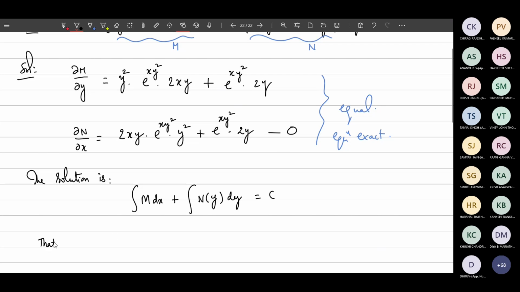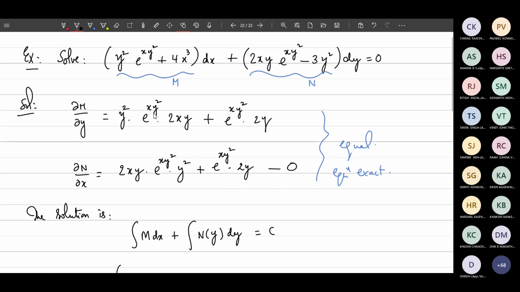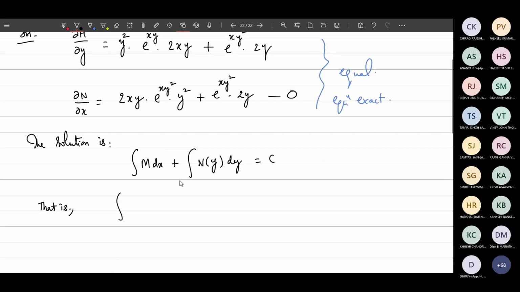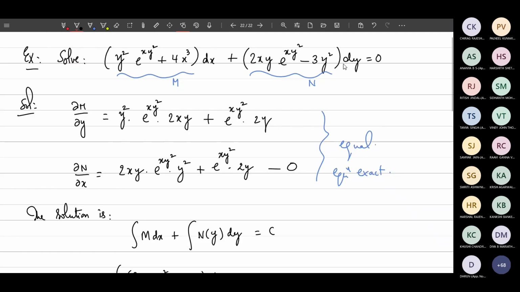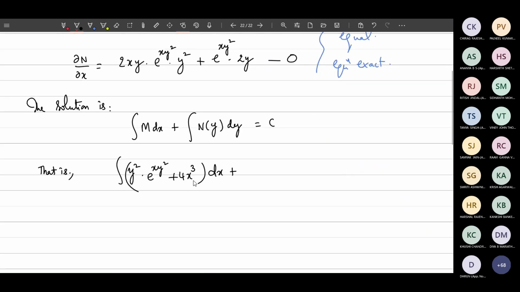M is y square e power xy square plus 4x cube, dx, plus the terms in N without x, which is minus 3y square, integral minus 3y square dy equal to c.